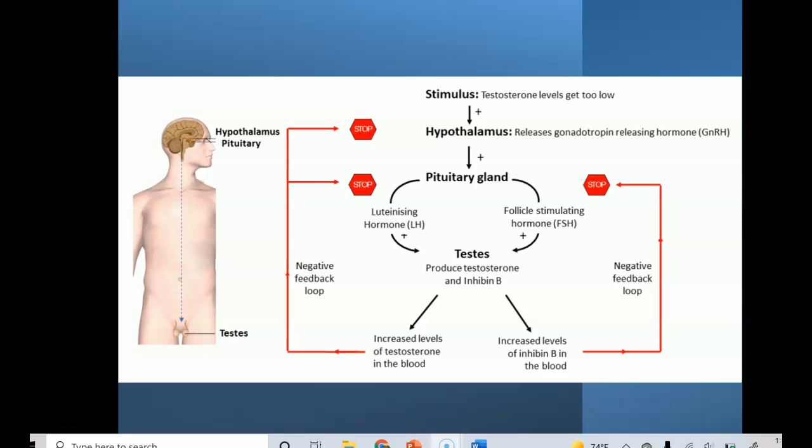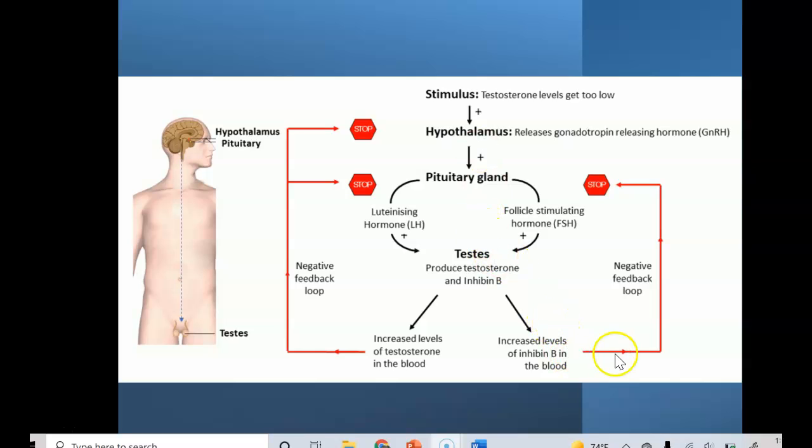So again, testosterone levels are too low, so we need the body to produce more. The hypothalamus will release GnRH. That will cause the release of LH and FSH. Those two hormones are going to tell the testes and the Leydig cells to produce testosterone, but it will also produce inhibin B. As the levels of testosterone increase, the hypothalamus will recognize that increase and it will stop producing GnRH.